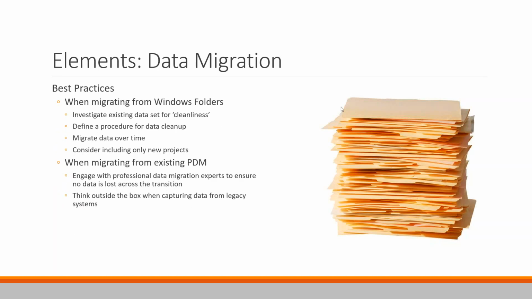And then just some general best practices. When you're migrating data into a system, you're going to want to check your data set for what I call cleanliness, specifically Inventor file references, AutoCAD XREFs, etc. You're absolutely going to want to define a procedure for cleaning up the data.